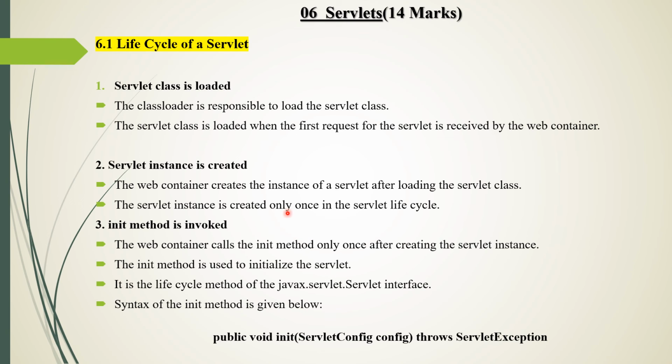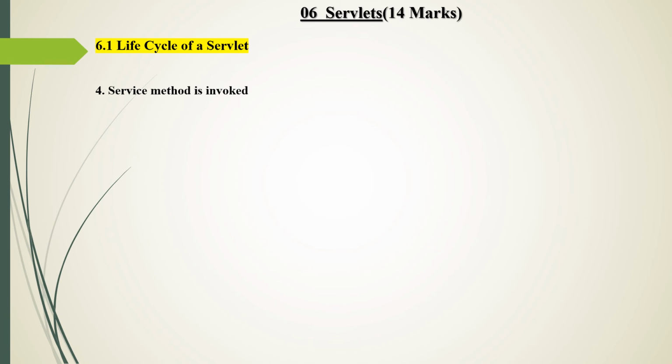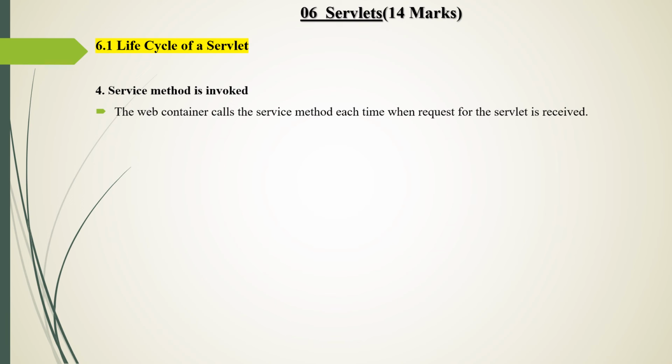So these are the three steps of the life cycle of a servlet. Next step, the service method is invoked. The web container calls the service method each time a request for the servlet is received. If 10 requests are received, the service method is called 10 times.